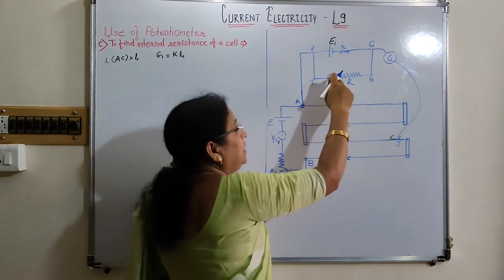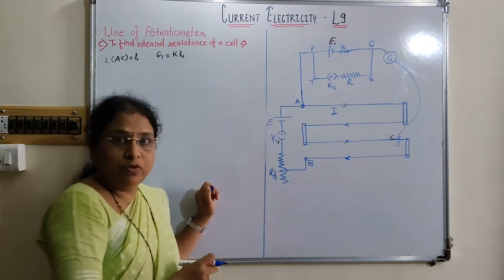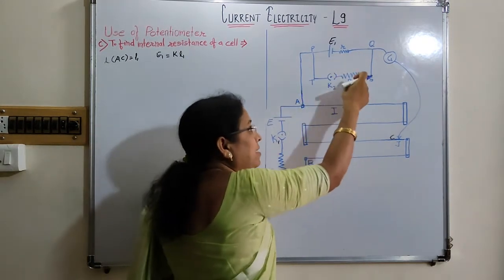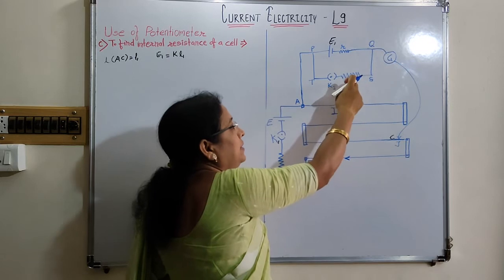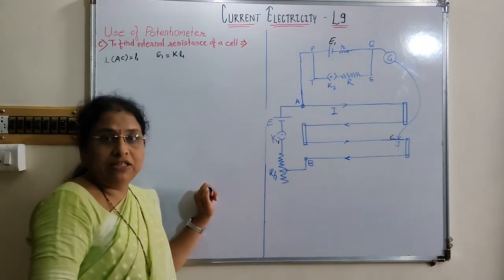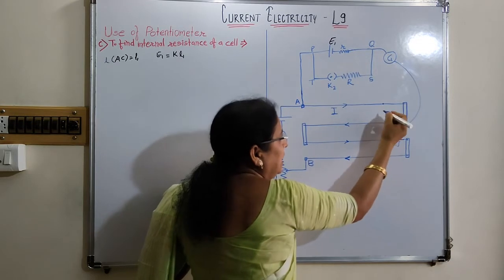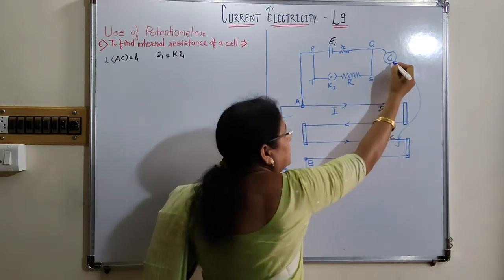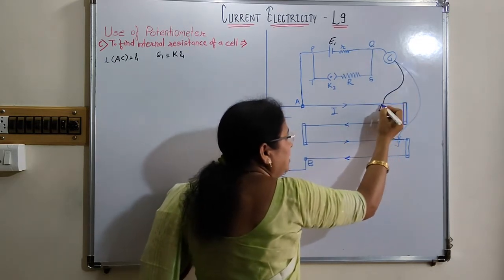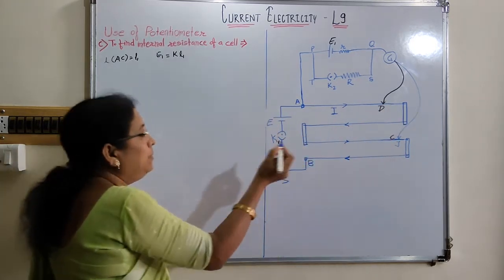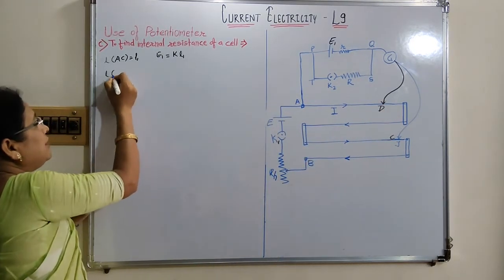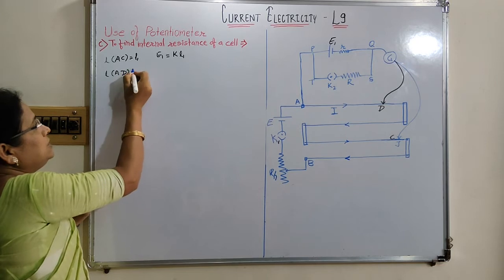Now we close the key K2. When we close the key K2 and take out some suitable resistance R from the resistance box, again touch the jockey at different points on the wire and obtain some balancing point D, suppose, for which the galvanometer shows a zero deflection. Measure again the length of the wire AD, suppose it is L2.